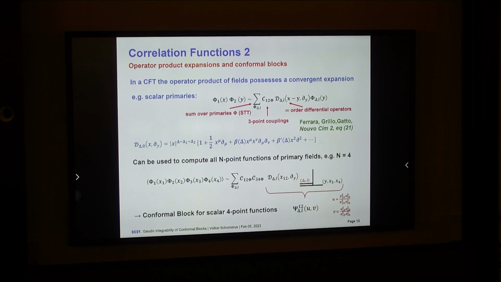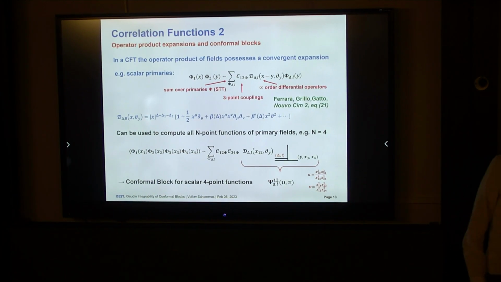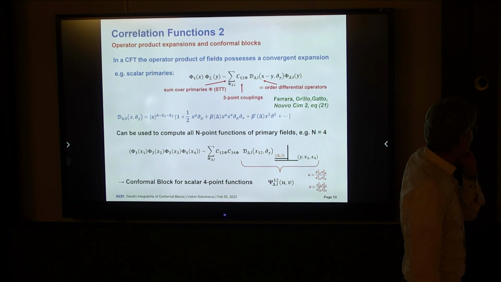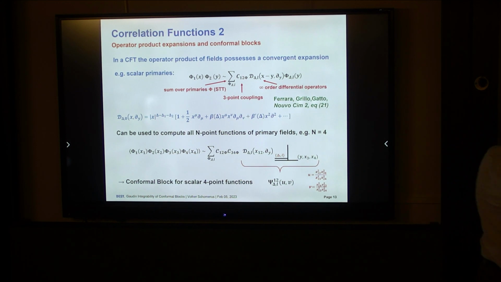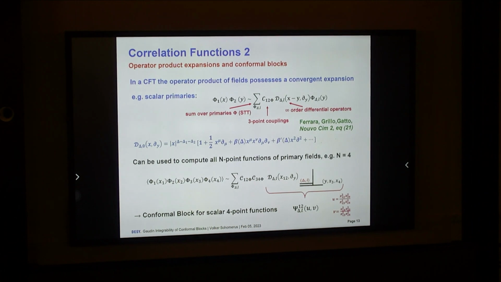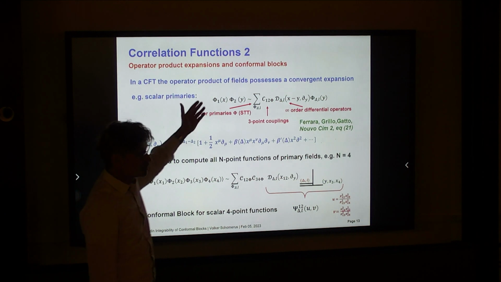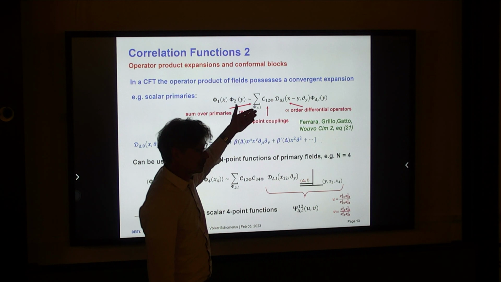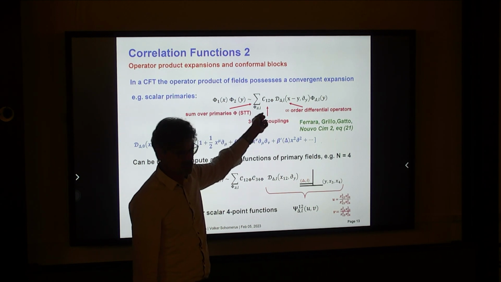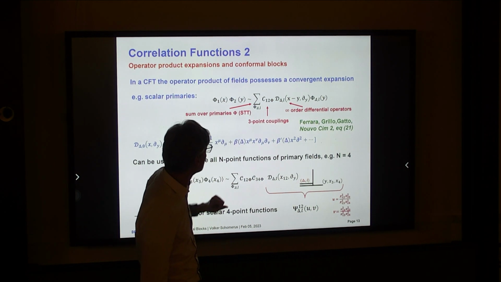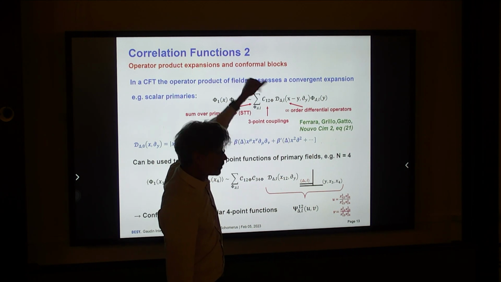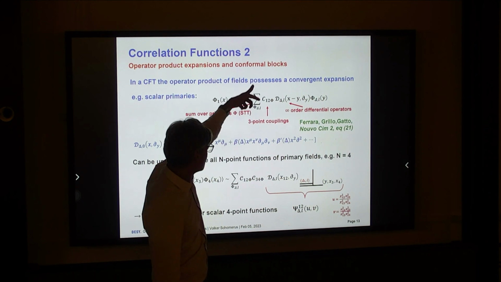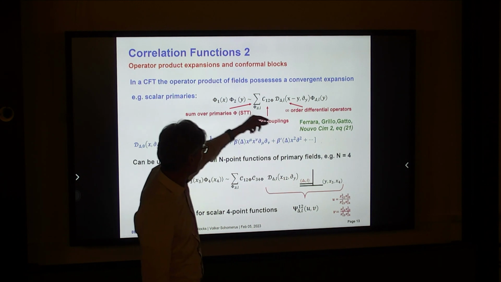Good. And now comes the last part of my CFT lecture. As you all know, in a CFT, the operator product expansion of fields has a convergent expansion. So for instance, if you have 2 scalar primary fields, it reads like this. You can expand that in a sum over primary fields of spin in these symmetric traceless tensor representations, with some constant coefficients, which are essentially related to the 3-point functions that we had before.